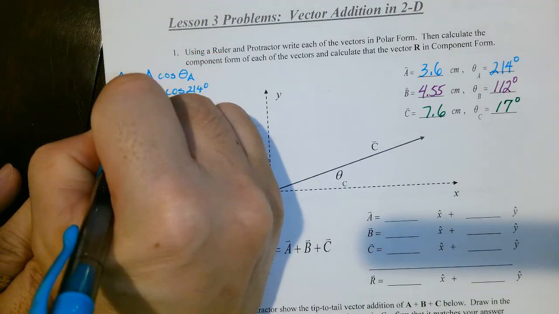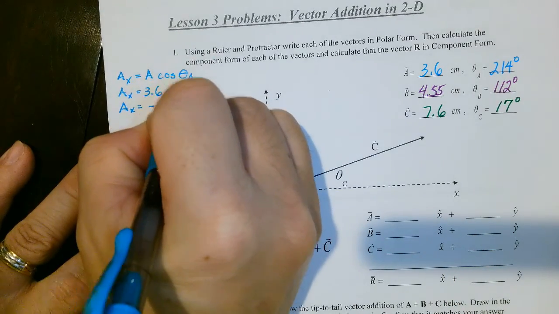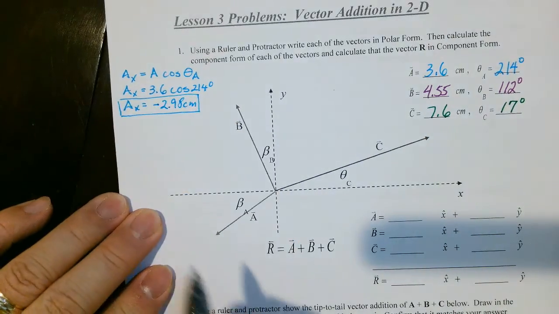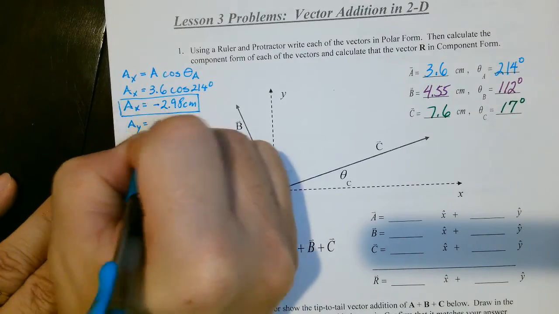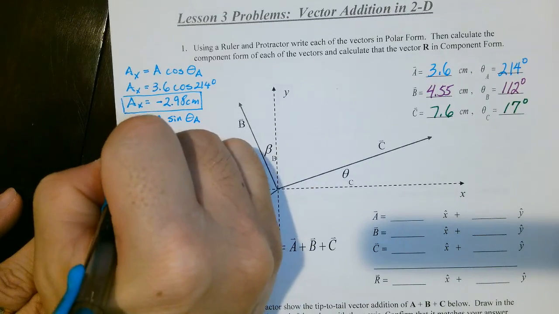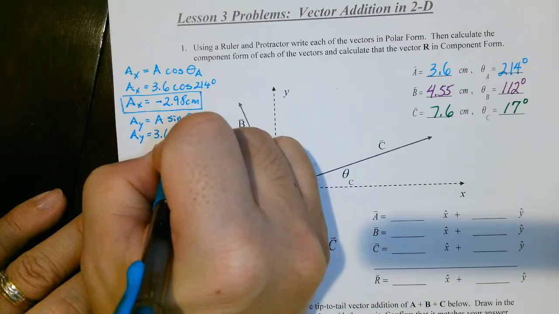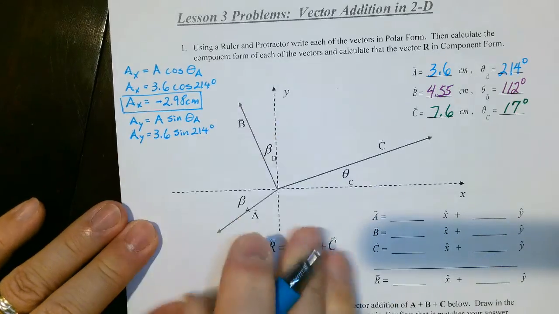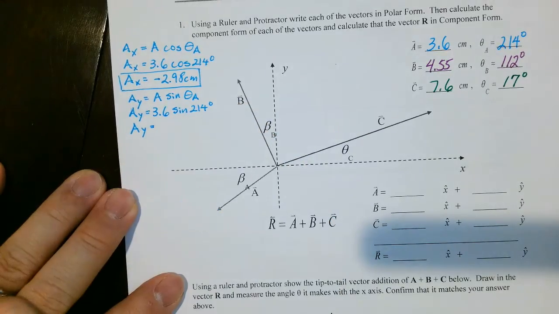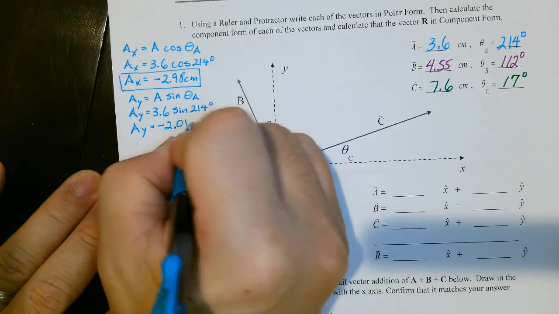And if you plug that into your calculator, I believe you get negative 2.98 centimeters. And then Ay is equal to A times sine of theta A, which is 3.6 times sine of 214 degrees. If you work it out in your calculator, I believe you get negative 2.01 centimeters.